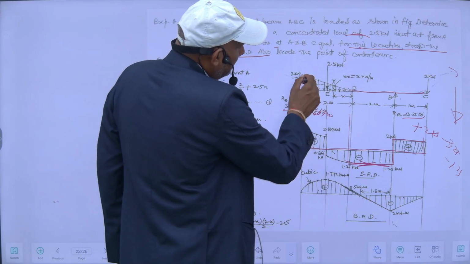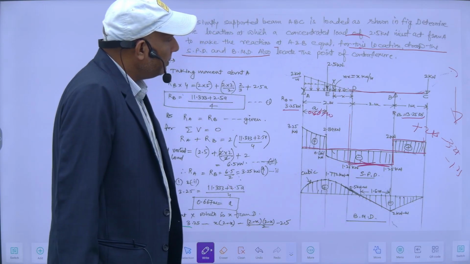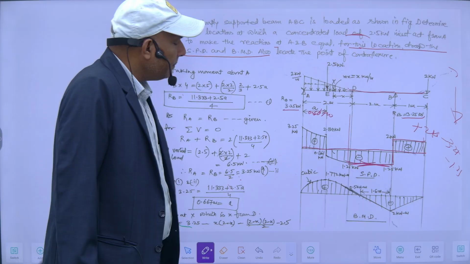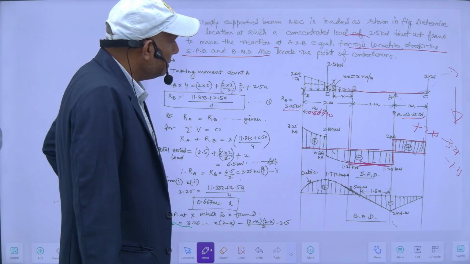From here to here, due to triangular loading, my shear force will be parabolic in nature.